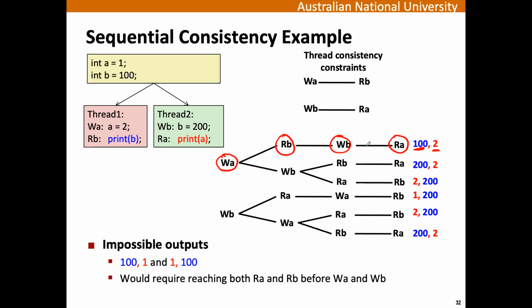This looks simple, right? It looks simple to build hardware that delivers these outcomes. It's really intuitive and simple. As long as you don't violate these constraints, you get these outcomes.